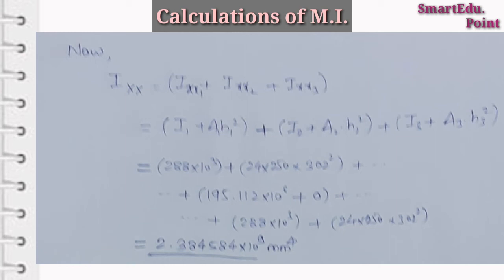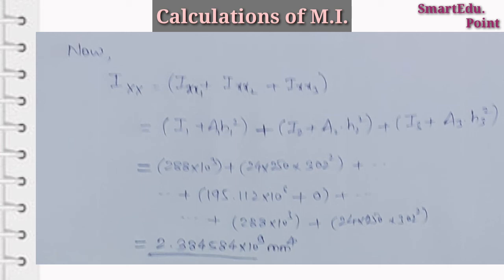It will give the value as 302 mm. Hence by substituting the values and by operating the calculator, we will get Ixx equals to 2.384584 into 10 raised to 9 mm raised to 4.